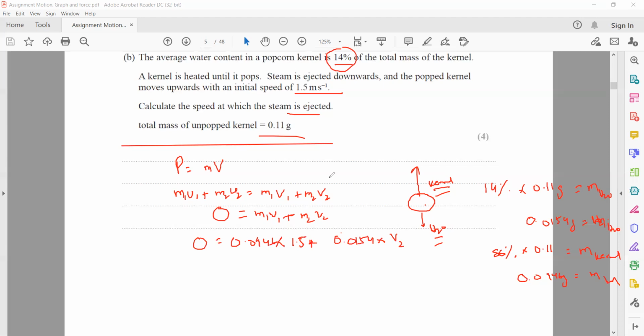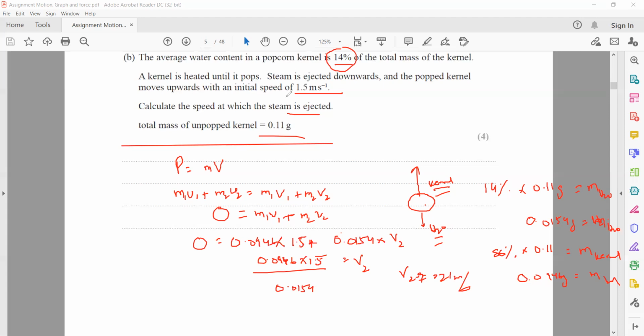So 0.0946 multiplied by 1.5 and then divided by 0.0154, that will be v2, and it will come out as 9.2 meter per second.